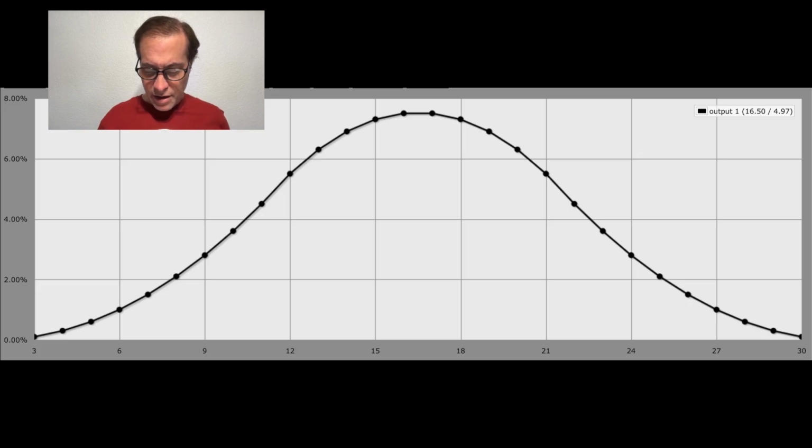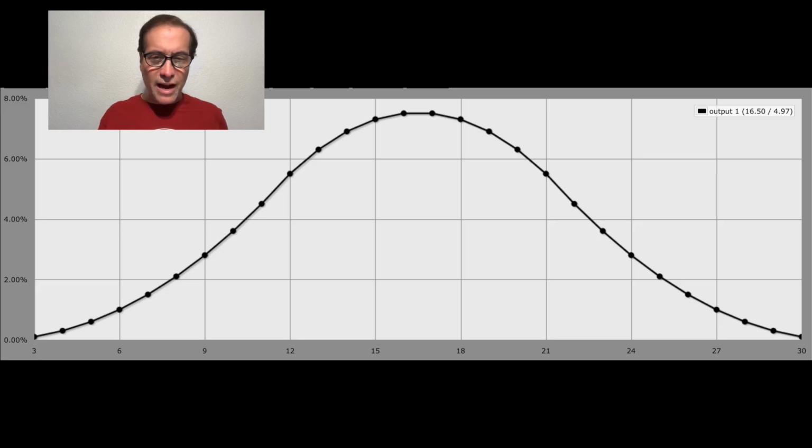So notice that it's really getting unlikely to get really low numbers. Just 0.1% to get a 3, which is the lowest possible number you can get. And also a 0.1% to get a 30, which is the highest possible number you can get on 3d10. That's because we're dividing by 1,000.